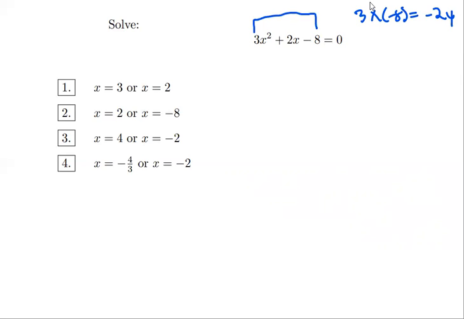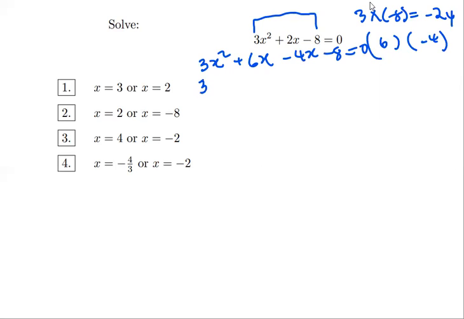I want to do 6 and -4. So 6 times -4 is -24, and 6 plus -4 is equal to 2. So we can break this expression down to 3x squared plus 6x minus 4x minus 8 equals 0.